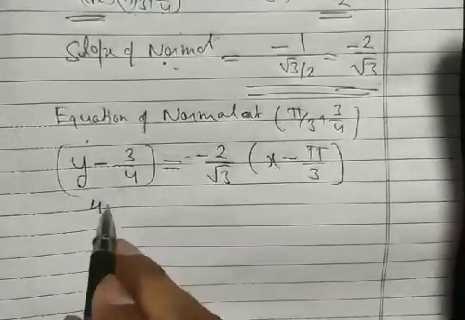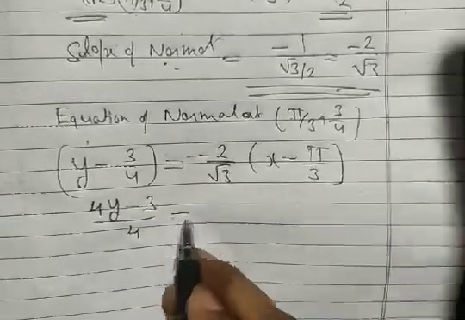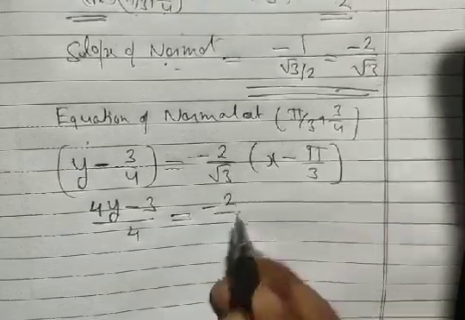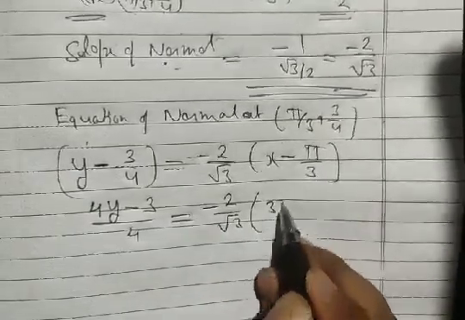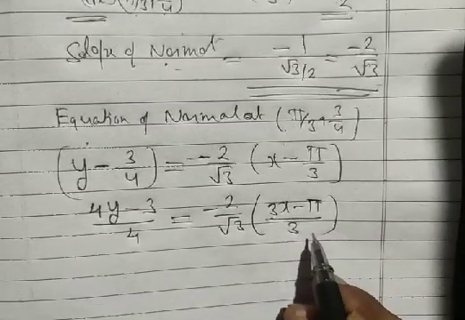Now we simplify. It's 4y minus 3 by 4 equals minus 2 by root 3 times 3x minus pi by 3.